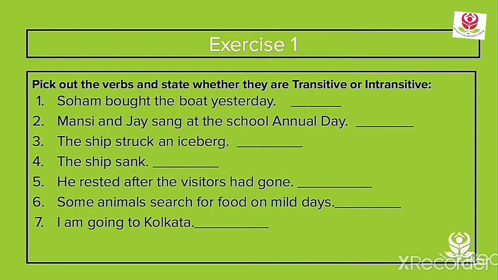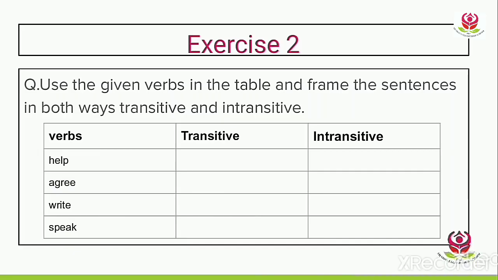Let's see ahead. Now I have one exercise for you where you have to pick out the verbs and state whether they are transitive or intransitive. Understood? This is exercise 1, and we have one more exercise where you have to use the given verbs in the table and frame sentences in both ways, transitive and intransitive. The verbs given to you are: help, agree, write and speak.